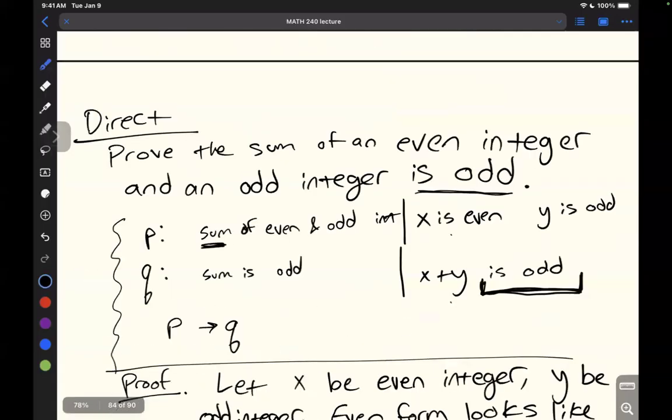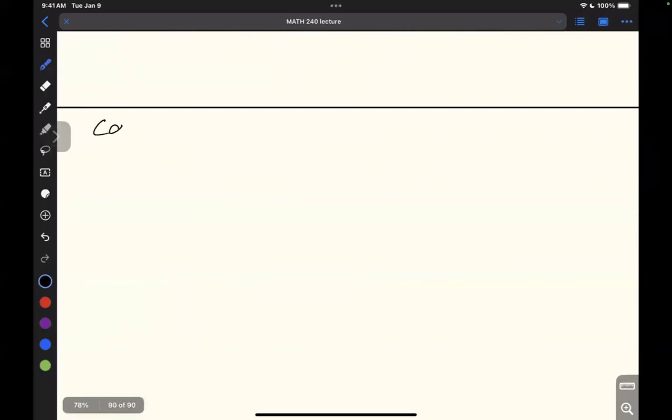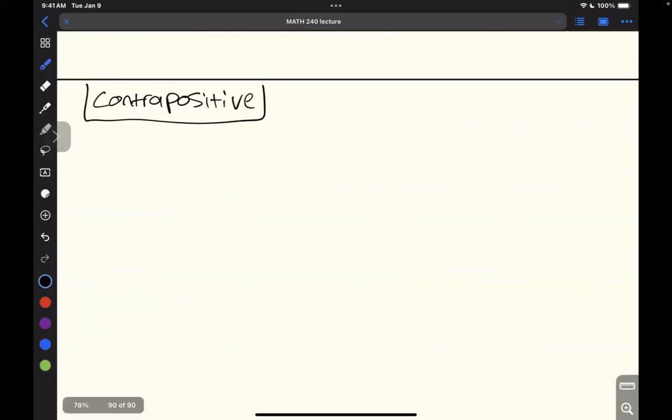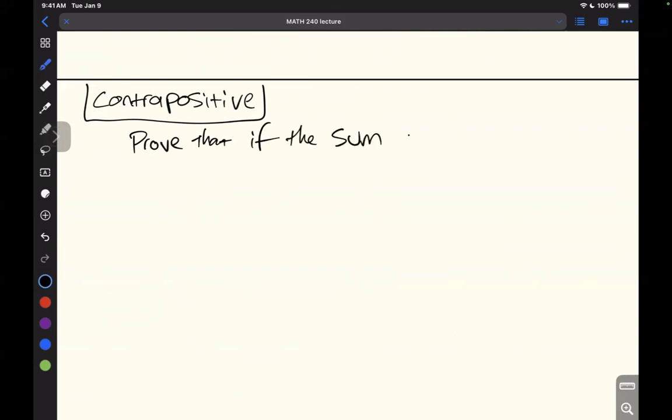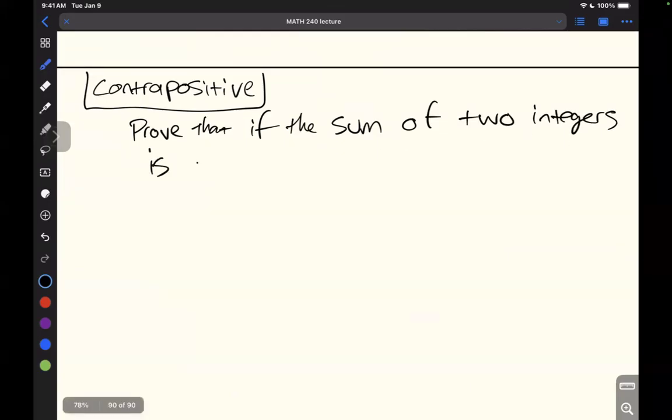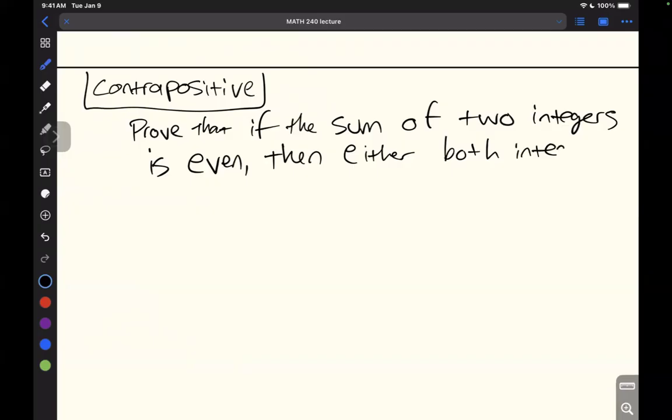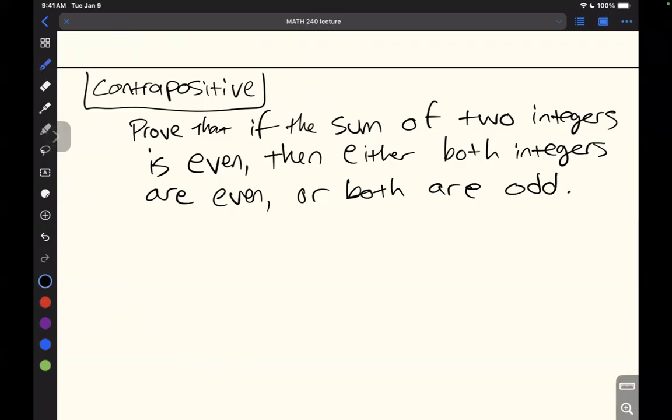Our example for this one is: prove that if the sum of two integers is even, then either both integers are even or both are odd.